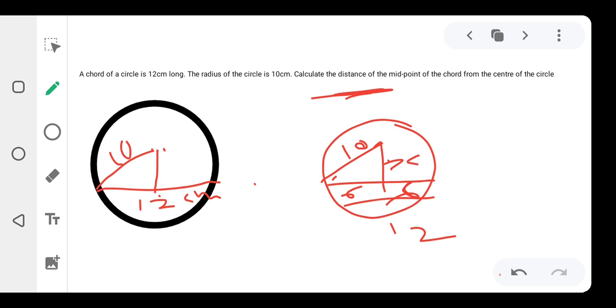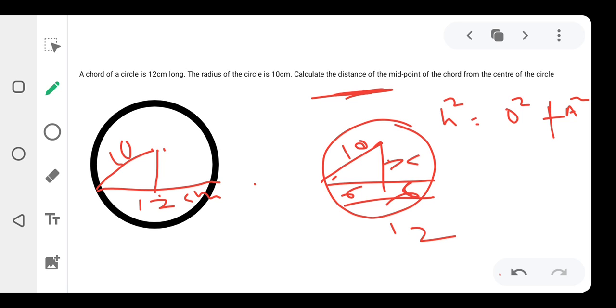You understand it now? Alright, now to get this x, you say what? Hypotenuse square, according to Pythagoras theorem, hypotenuse square is equal to what? Opposite square plus adjacent square, right?